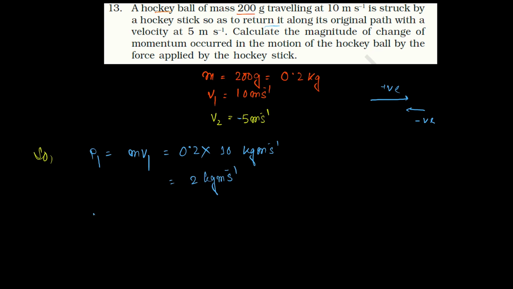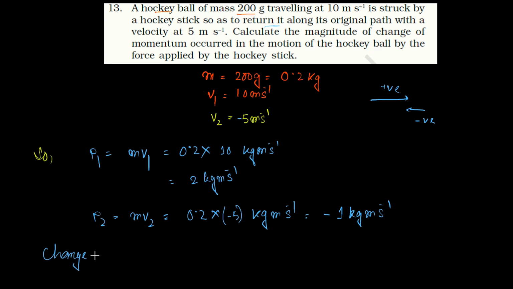Now what about P2? The second momentum is m v2. m is 0.2, the same, and v2 is minus 5, so we get minus 1 kg meter per second. Now we have to calculate the change in momentum. The change in momentum will be P1 minus P2.